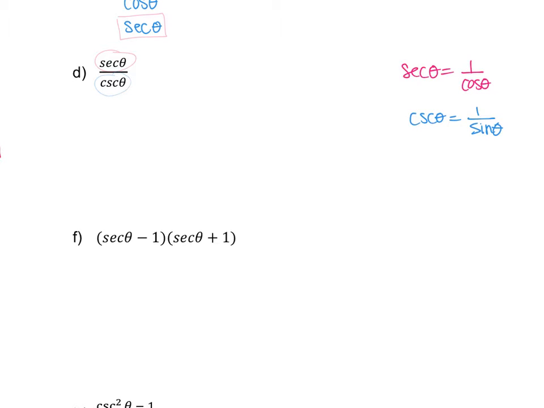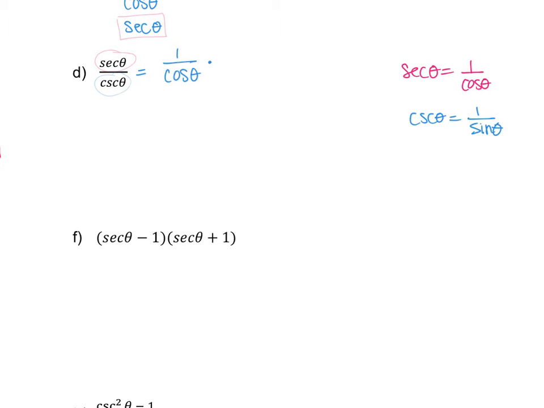So if I know that to the side, that's the fundamental identities that we use, then I can say that this secant here is 1 over cosine theta. And because I'm dividing by cosecant, which is this fraction here, I'm going to have to flip this fraction anyways.